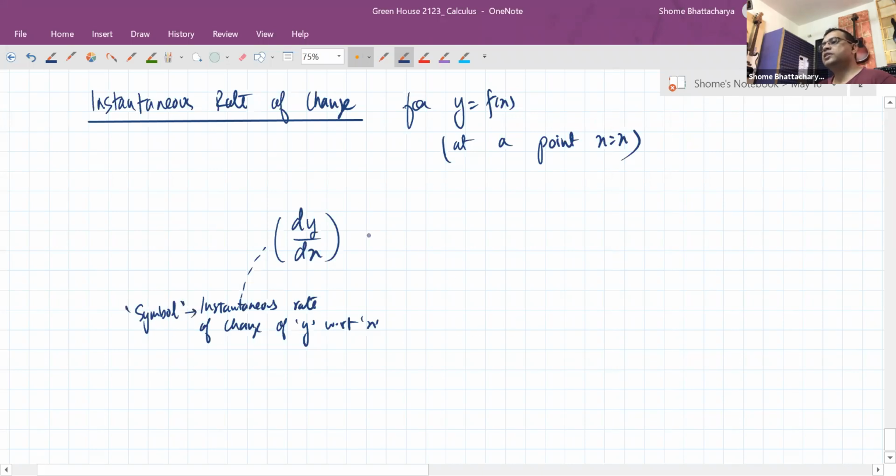Okay. Now, what is its definition? Its definition is delta y by delta x, but with the special condition, and that special condition is now called a limit, that delta x is tending to 0.